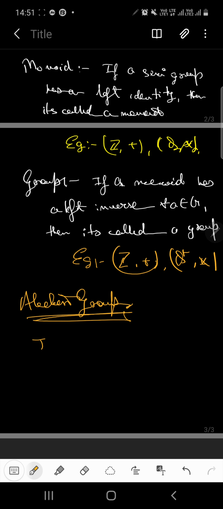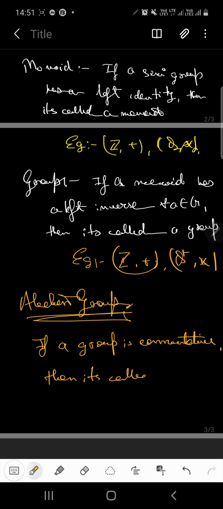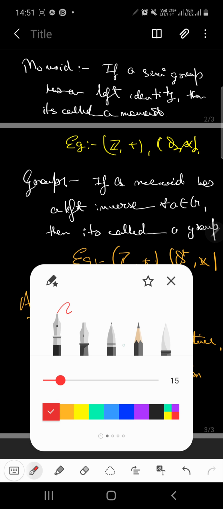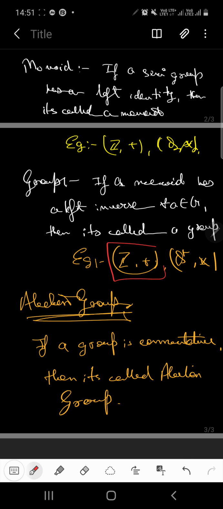Basically, if a group is commutative, then it's called an abelian group. This is an example of an abelian group. Got it? Okay.